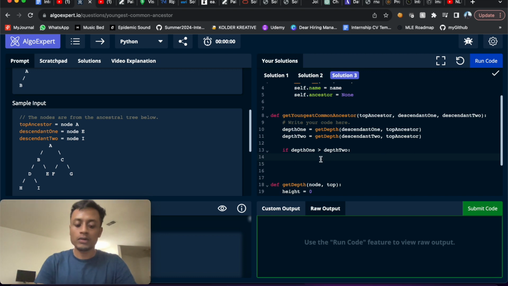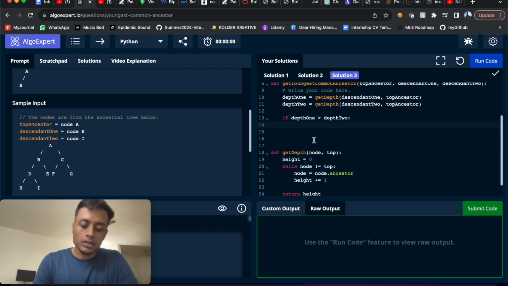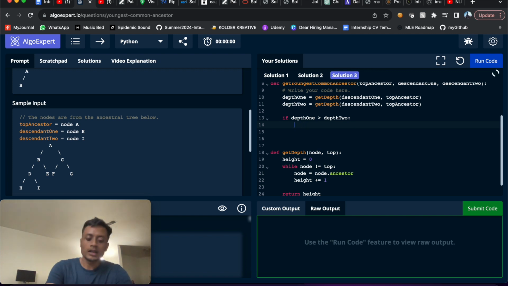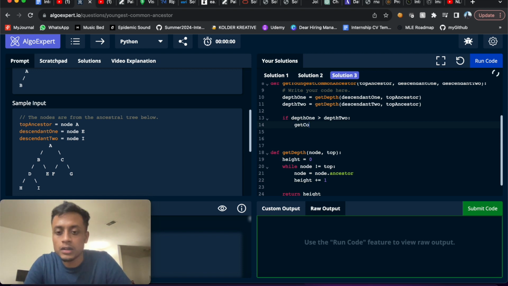So I want to make sure that I call a method which will return me the most common ancestor basically. So I'm just going to call a function here. What can I call? Something like get common ancestor, and I'm going to pass in the lowest one first.